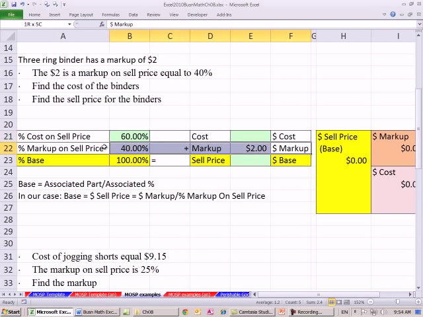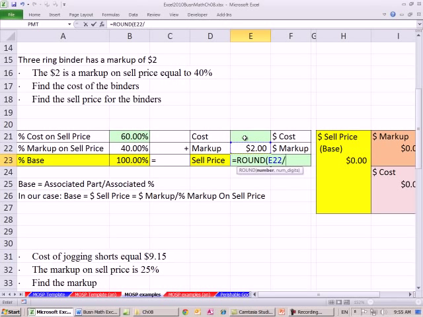Now, we have two items on the same line. Every time you have an associated part and associated rate, you can calculate the base. So let's come over here and calculate our base. And this is a dollar amount, so I'm going to use round.